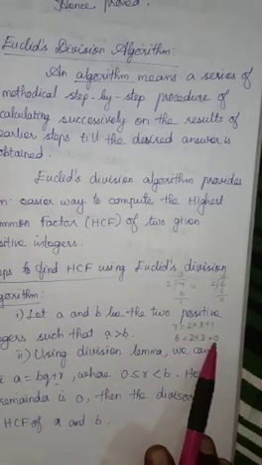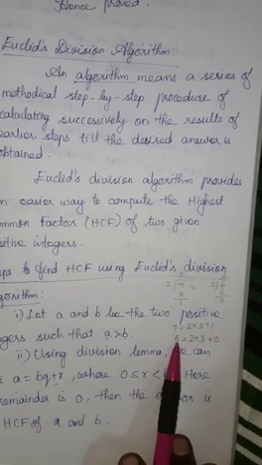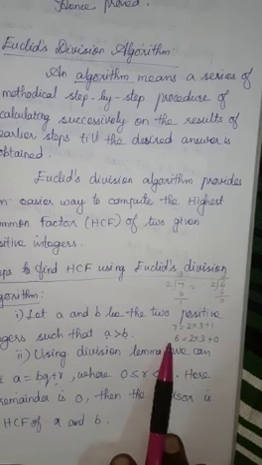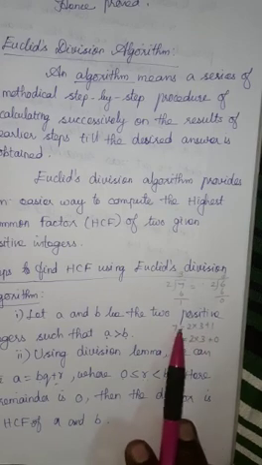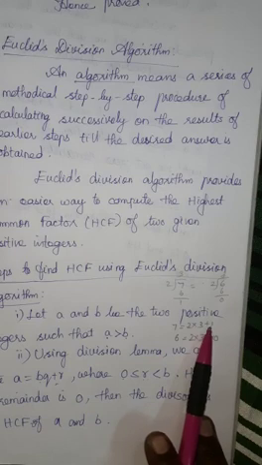Since the remainder is 0, we can conclude that divisor 2 is the HCF or GCD of 6. Is it right? Is this a GCD? Yes. But in this situation 7 equal to 2 into 3 plus 1, the remainder is not equal to 0, so we cannot conclude the HCF. So you have to continue the division again.